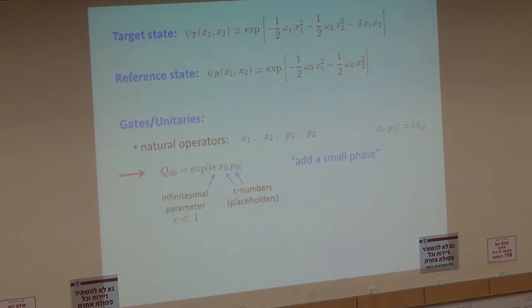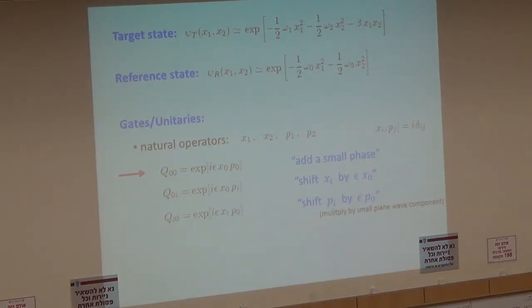And it's only by applying many, many, many gates that I want to be able to get to a finite distance away from my reference state. And so these gates give a small action. So that's a rather trivial gate. Here are some others that we're familiar with. I can stick a p_i up there in the exponent, and then it becomes a translation operator.